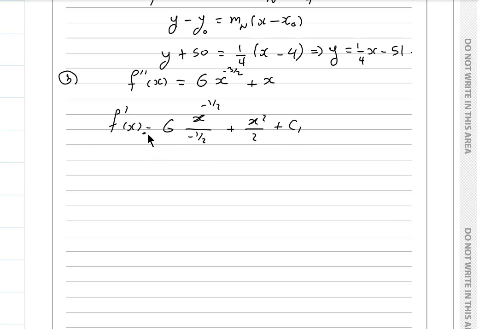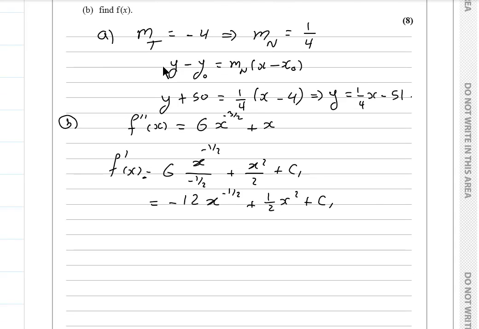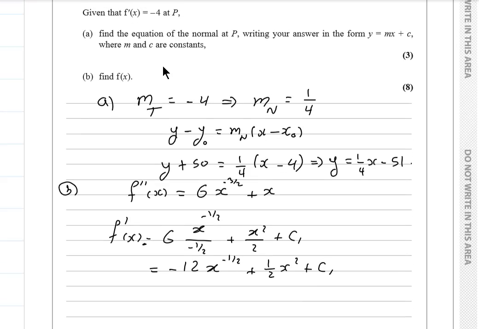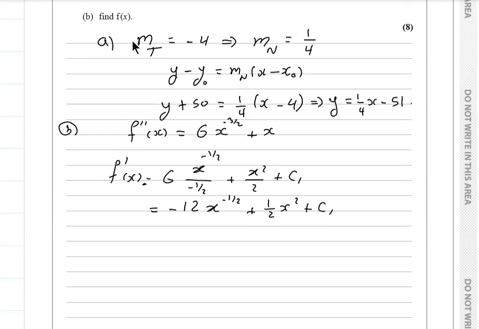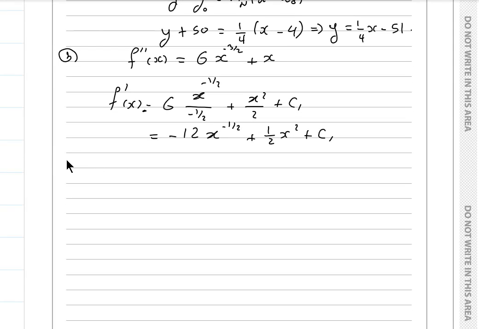We can write it in simplest form as minus 12 x to the power minus half, and then plus half x squared plus c1. We can use the information that f dash of x equals negative 4 at x equals 4, or we can write it as f dash of 4 equals minus 4.